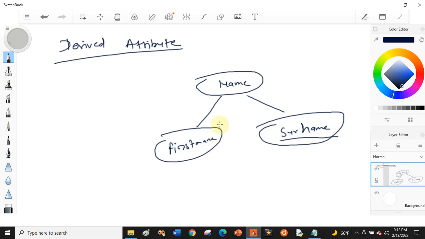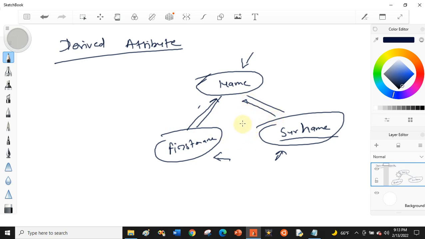So this is derived from somewhere. If you don't have name as an attribute, this cannot be created. And if you have any attribute that has more derived attributes, which acquire from the base attribute, it is known as a derived attribute.